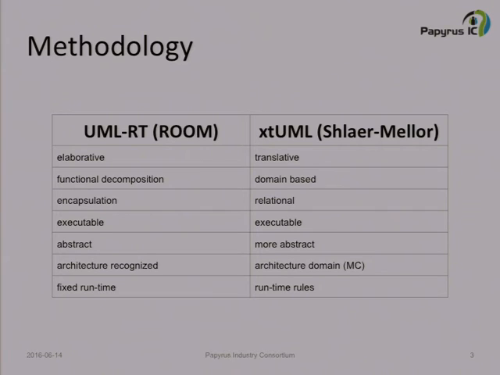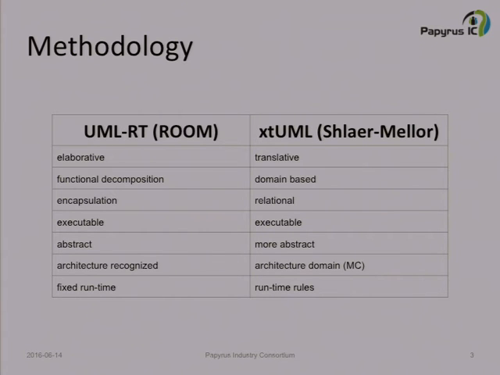UML-RT is an abstract modeling language in that there is a focus, to a certain extent, on modeling in the language and vocabulary of the problem rather than the language and domain of the target implementation. And Shlaer-Mellor is even more so.